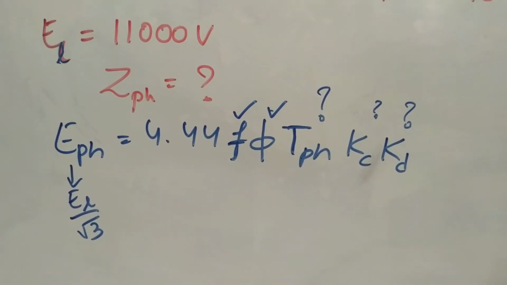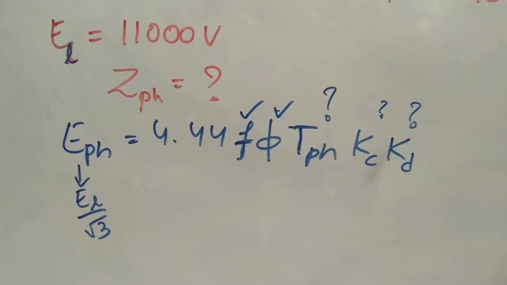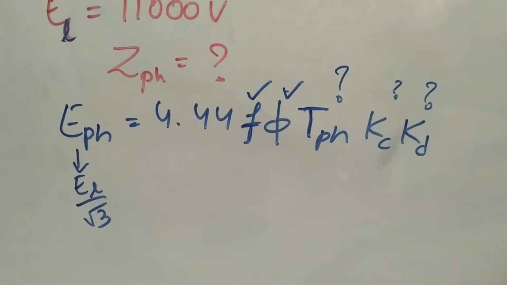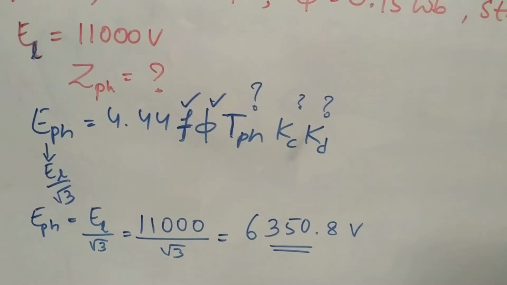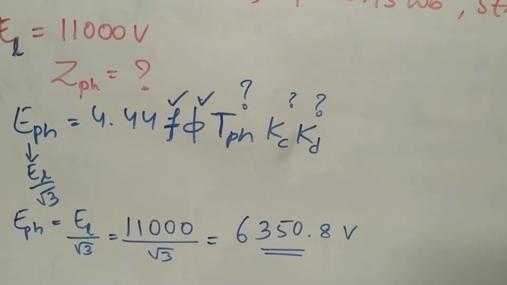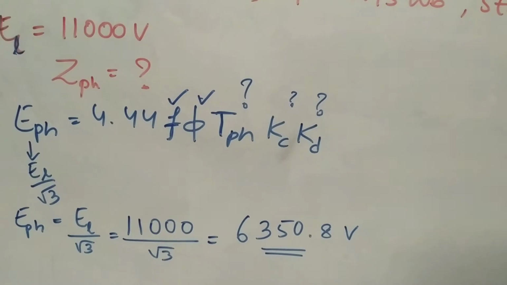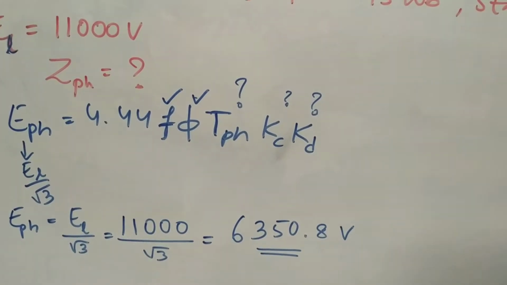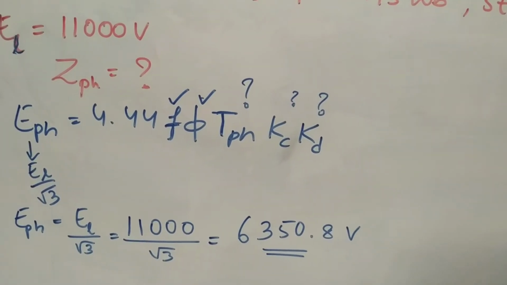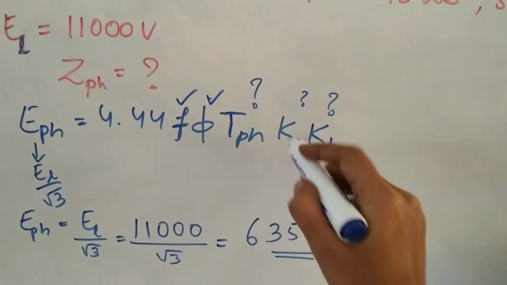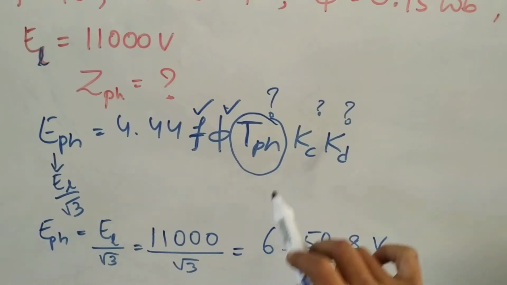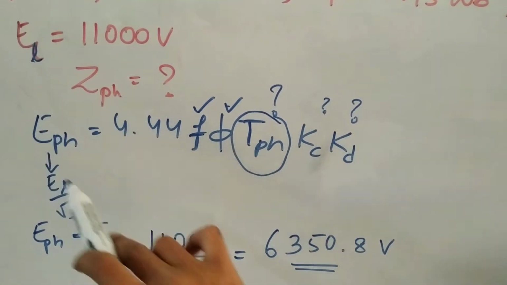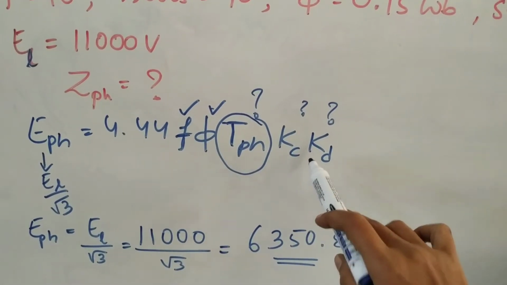Now let us determine one by one. What will be the value of E phase? E phase can be determined by E line by root 3. After substituting these values, we get the answer as 6350.8 volts. Now to get the turns per phase, we have determined the value of E phase, right?